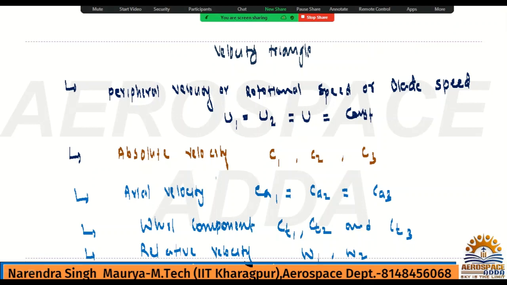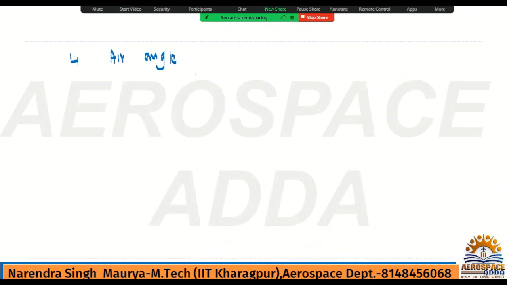Just like compressor, same thing we are going to do, and I have told you that velocity is a vector. Anyway, now we'll go for the angles. These angles are air angles, alpha 1, alpha 2, or alpha 3, whatever is required, we'll do that.